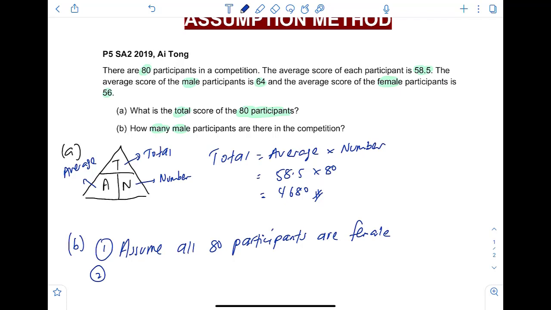Second, if this is the case, what will be the new total score? The new total will be the average for the female, that's 56, times the total number, which is 80. That gives 4480, which is a little bit low compared to the original total.